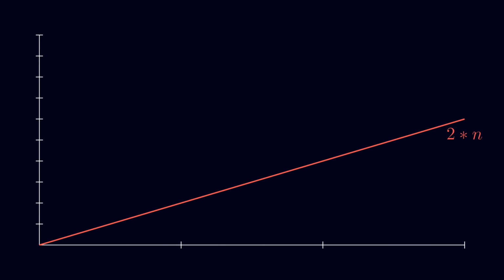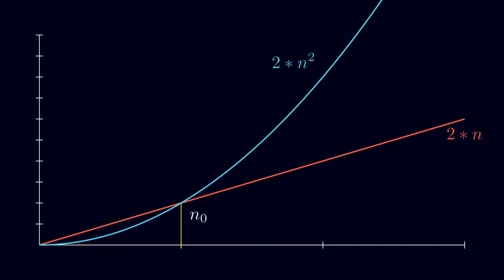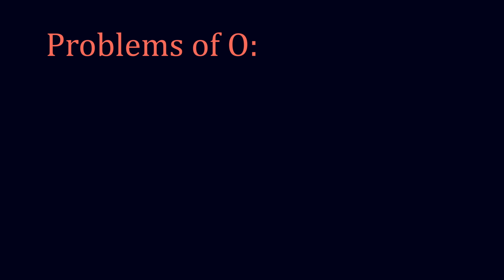Let's do another example. The function 2n is an element of O(n²), because when we start to plug in some numbers, we can see that with c equals 2 and n0 equals 1, the function n² will always be above the function 2n. This example now illustrates the problem with big O notation and why it's not the only and absolute measurement of runtime.